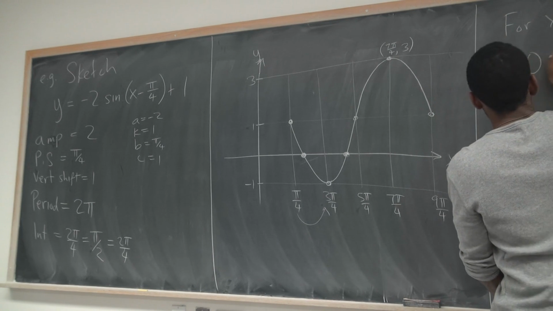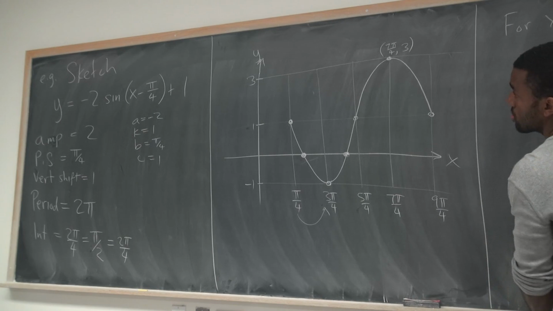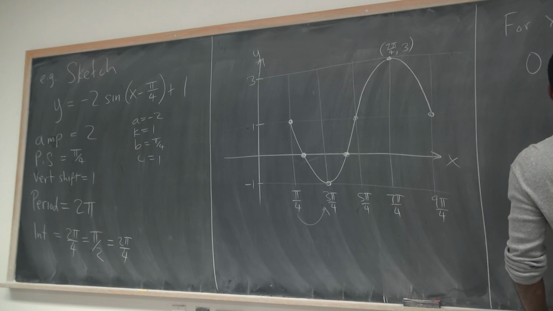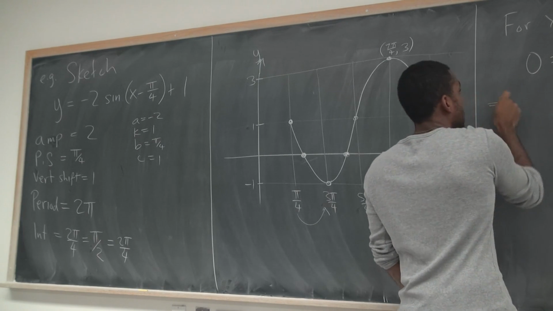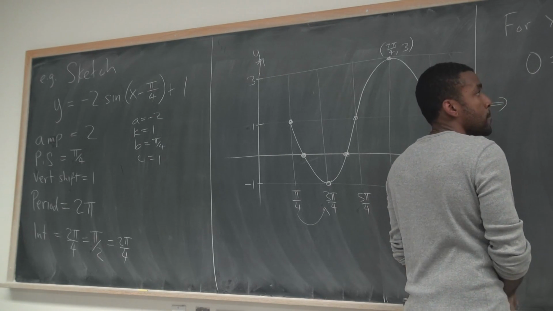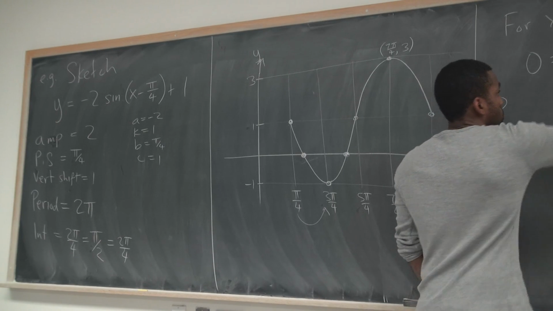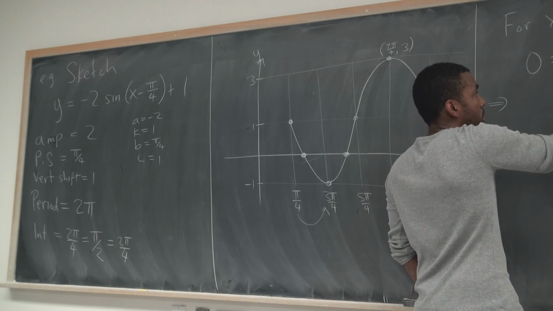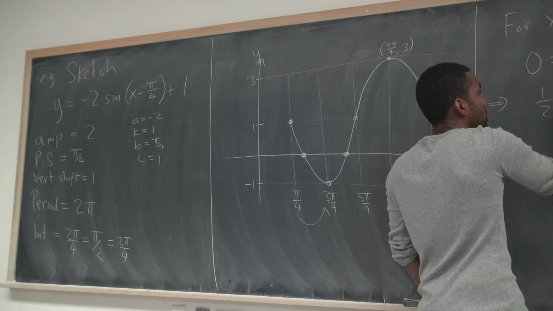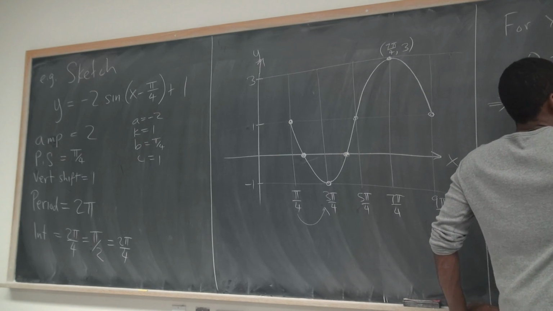So you have 0 is equal to minus 2 sine of x minus pi over 4, plus 1. How do you solve that? You can take 1 to the other side, you get minus 1 divided by minus 2, so you get a half. And this gives you sine of x minus pi over 4.